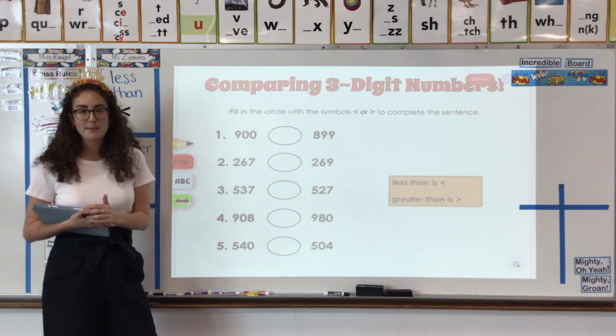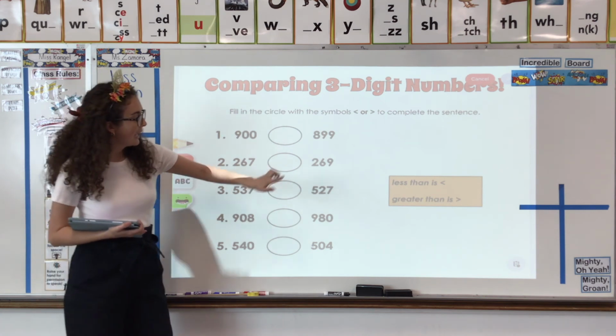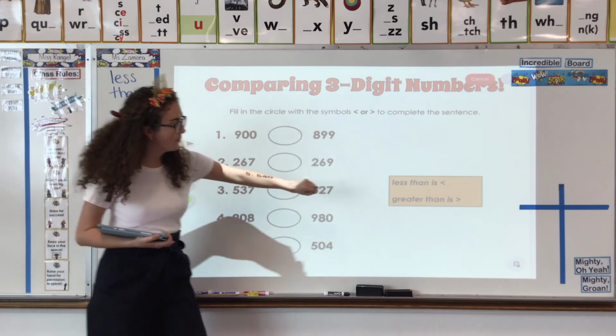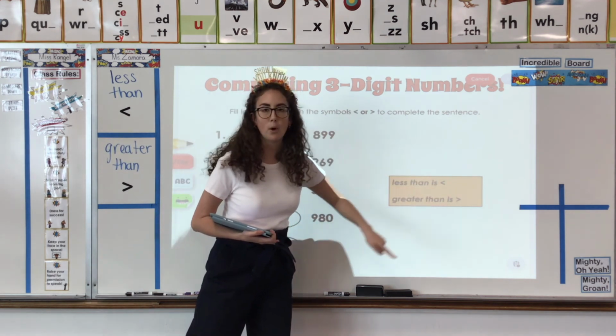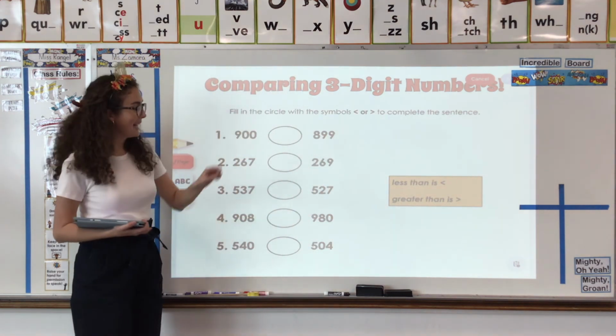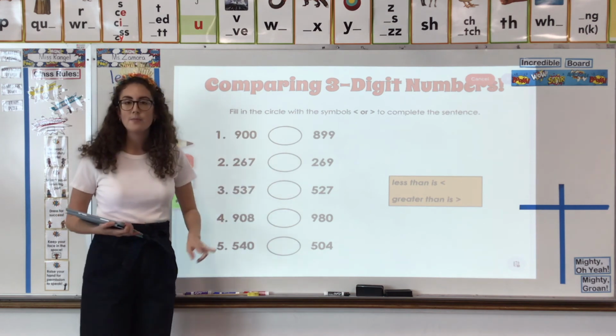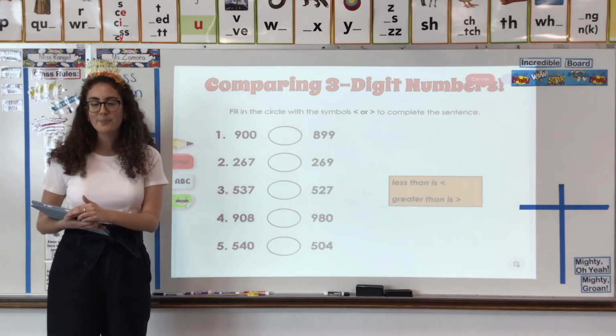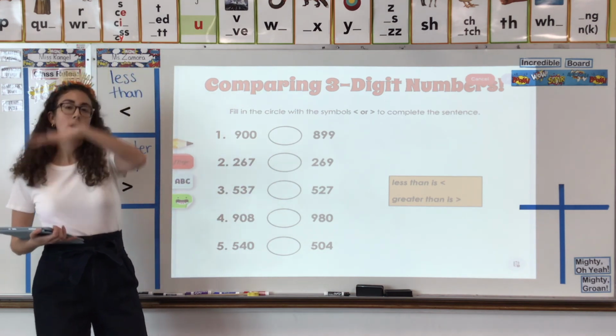What describes this comparison? Instead of writing out the words, you need to write the symbol. So all you're going to write is the sideways V in the correct direction to show less than or greater than.